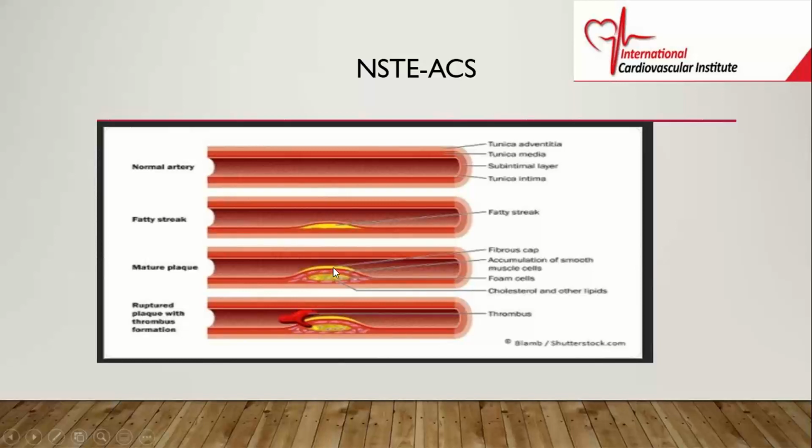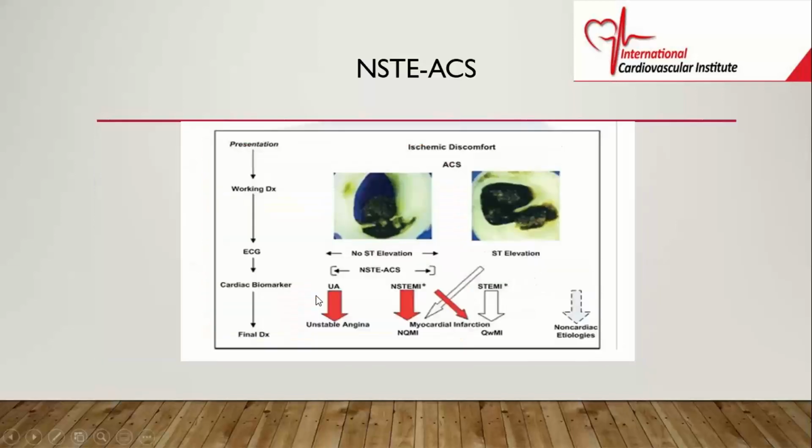If the fibrous cap is very thin, and the lipid content is high inside the plaque, it's prone to rupture. And again, when it ruptures, you have blood clot on top of the plaque, and you can get complete or partial occlusion.